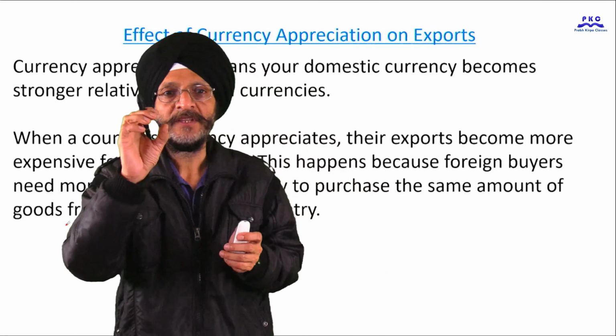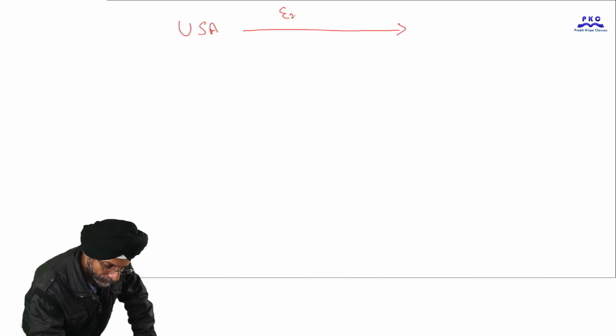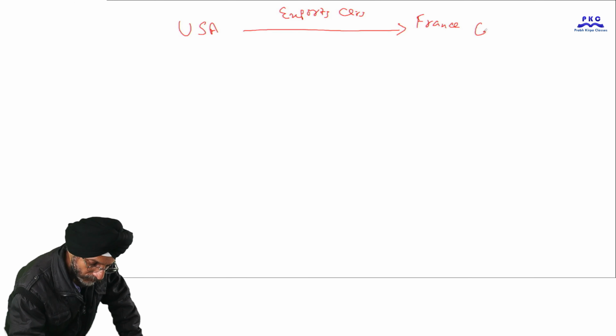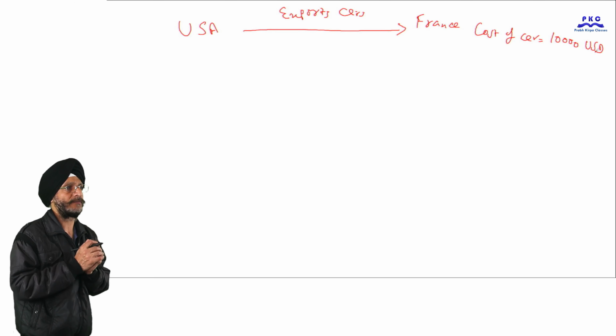We will understand what we have said with the help of an example. Suppose USA exports cars to France. We assume that the cost of a car is 10,000 US dollars.